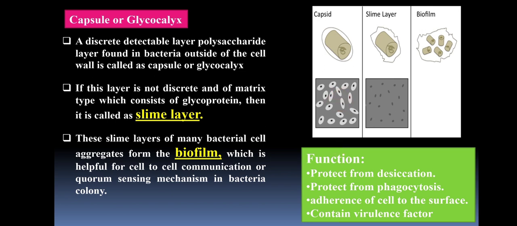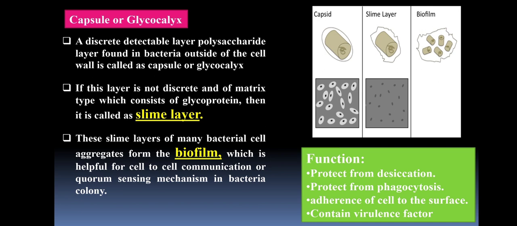But when this type of layer is not discrete and is of matrix type, looking like a secretion present outside the bacterial cell wall, then it is called a slime layer. The slime layer is glycoproteinaceous in nature, but the capsule is polysaccharide in nature. The capsule is a rigid, discrete structure, whereas the slime layer is matrix type and not discrete.